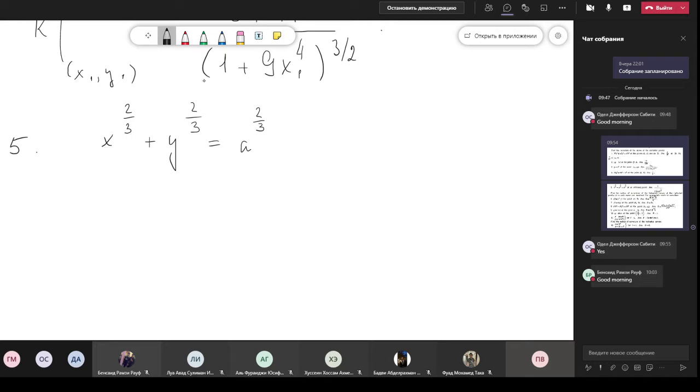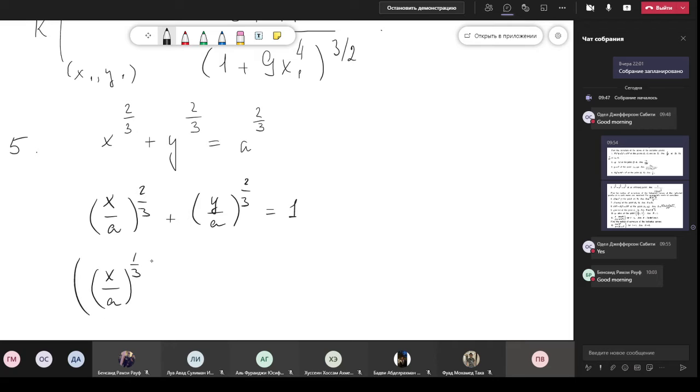It means if we divide both parts of this equation by a to the power 2 over 3, and then rewrite it as (x over a with power 1 over 3) squared plus (y over a with power 1 over 3) squared equals 1.